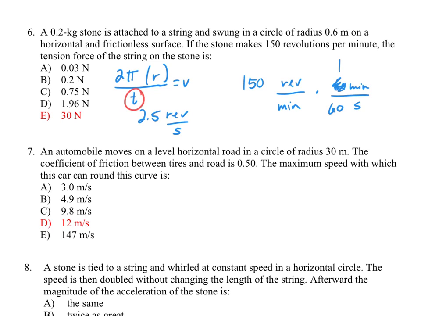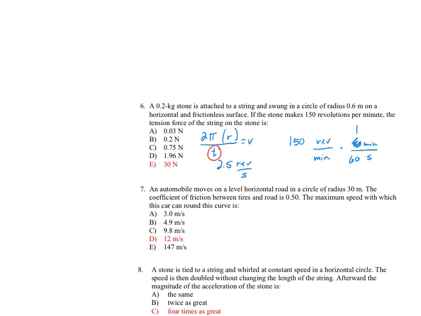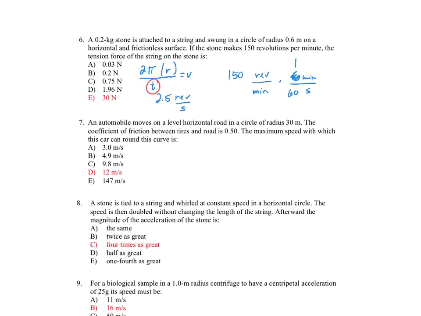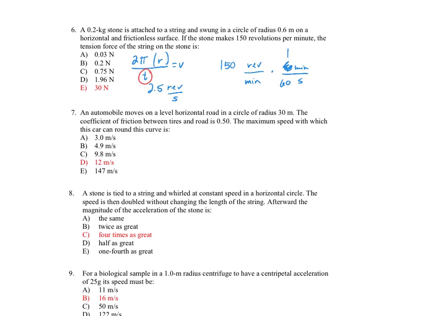Okay. Let me point something out. I like what you're saying for sure. But it might be easier just to say to yourself, if it's 2.5 revolutions per second, how many seconds is it per revolution? We know we can invert things, and if we invert something, the units also invert. The way I taught it the other day in class, you could figure out the time period and plug T in where it's circled in red.